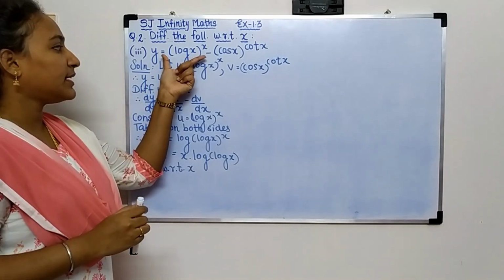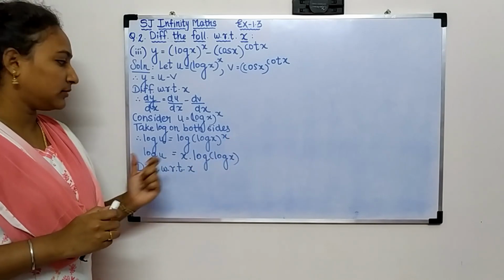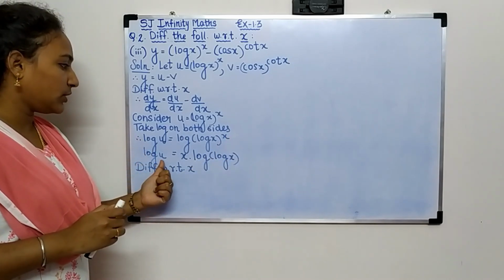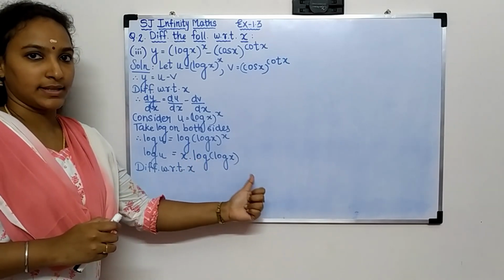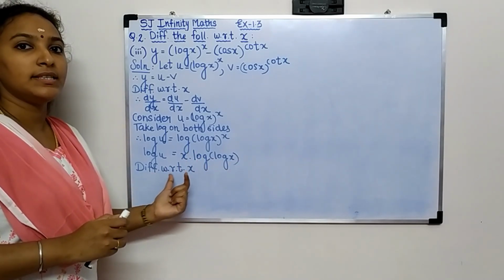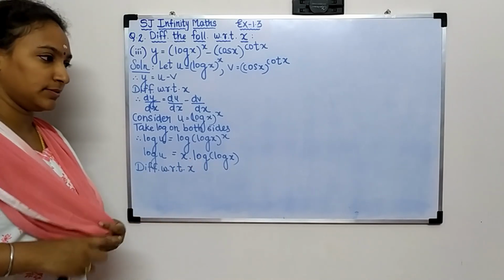So now we consider our u separately and take log on both sides. So we get log u equal to x into log of log x. Now we can differentiate this with respect to x.